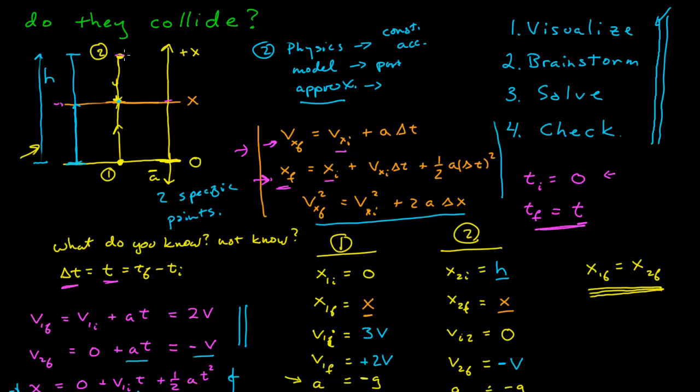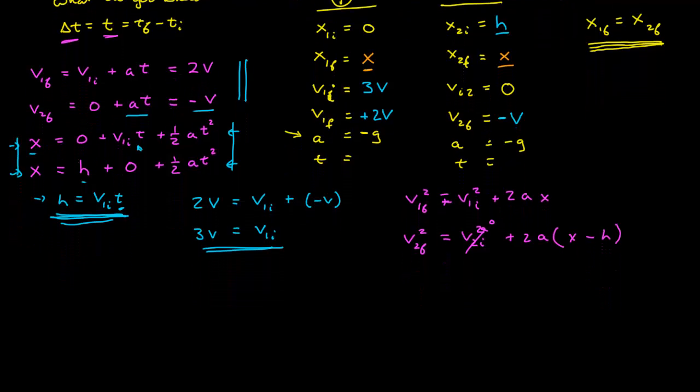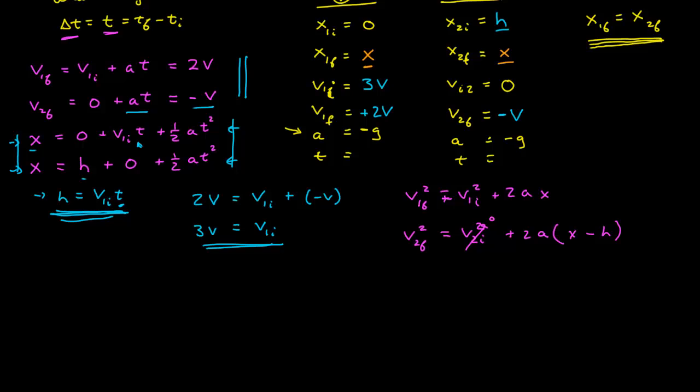And for 2, the displacement is the final minus the initial. Its final is x, and its initial is h, so that's x minus h. And so now that I have expressions for my initial velocity and my final velocity, I think I can substitute into these equations and get a relationship between x and h. So let's go ahead and do that.